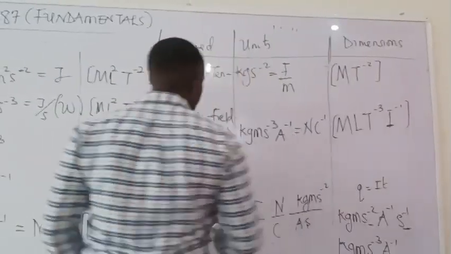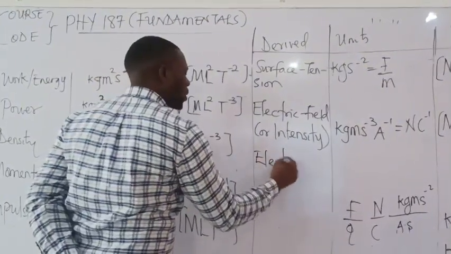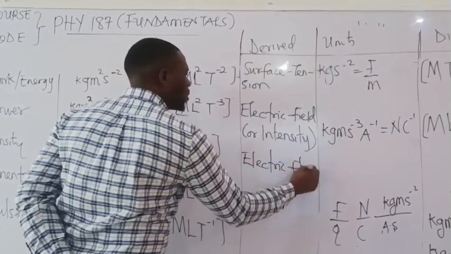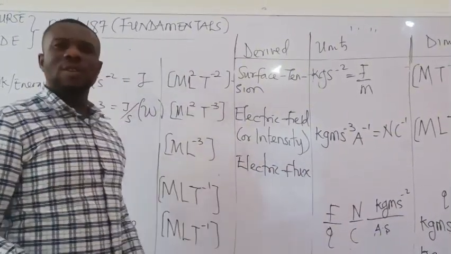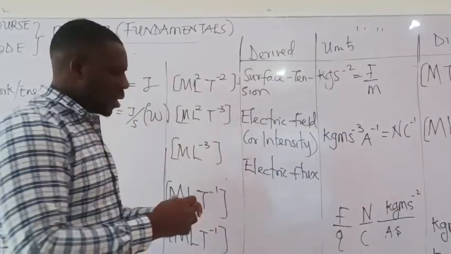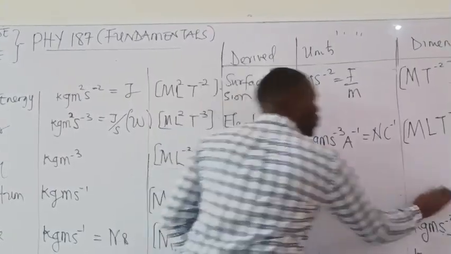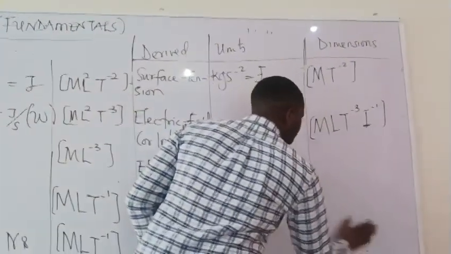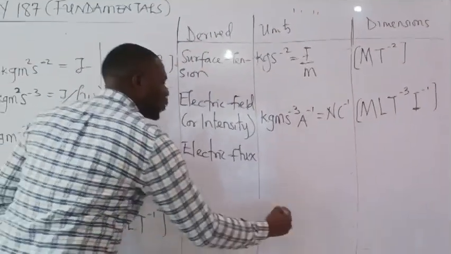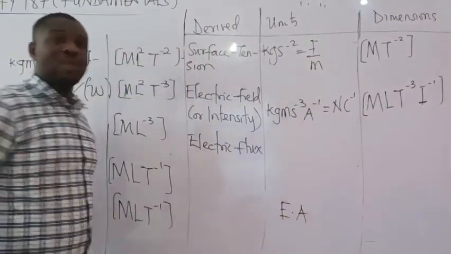And of course, we also have electric flux. This is a measure of electric field that penetrates a given surface, a surface with a cross-sectional area. So electric flux is electric field times the area it penetrates.